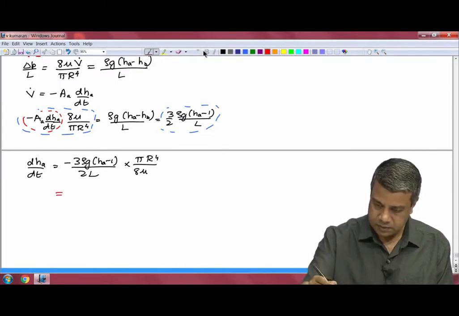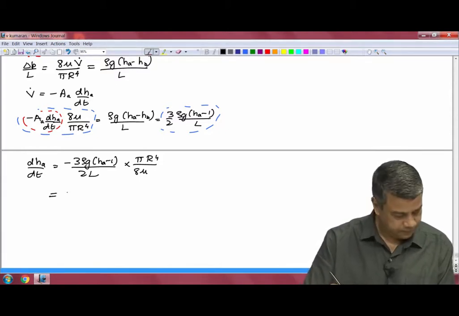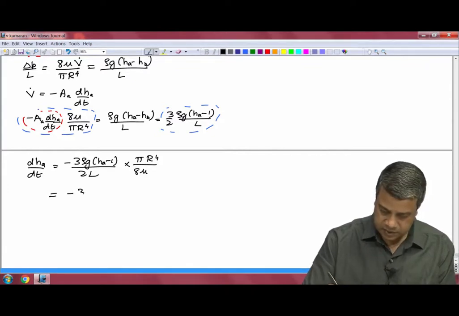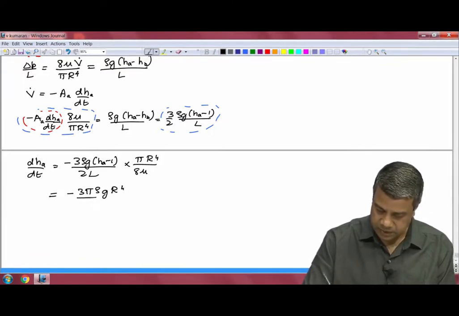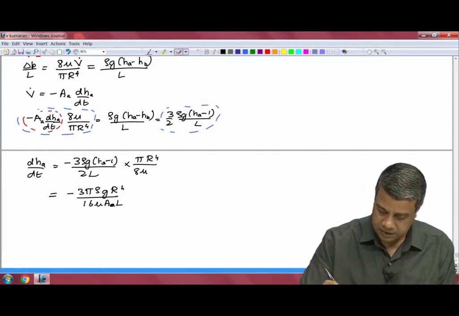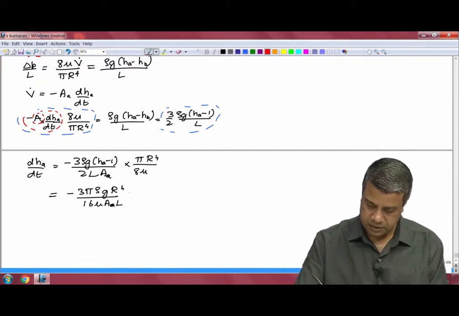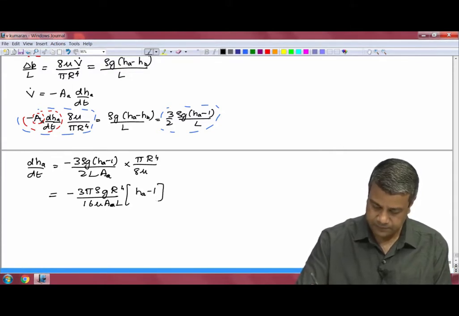So, this is equal to minus 3 pi rho G r power 4 by 16 mu A L. There should be a factor of the area here in the denominator, because I have divided by the area over here. This whole thing into (H_A minus 1).